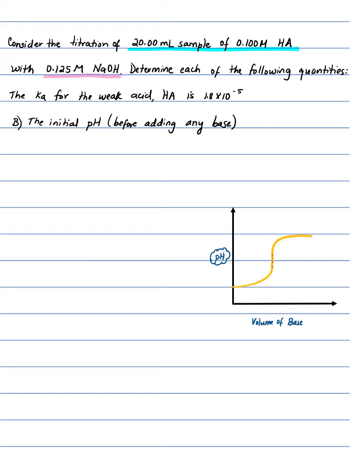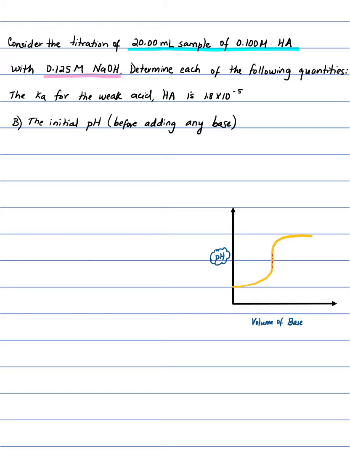This is a calculation that you know how to do because it is a calculation of pH of a weak acid in water. It's just the dissociation of your weak acid in water. And we use the equilibrium constant to find out the concentration of hydronium in water. And from there, we calculate the pH value.